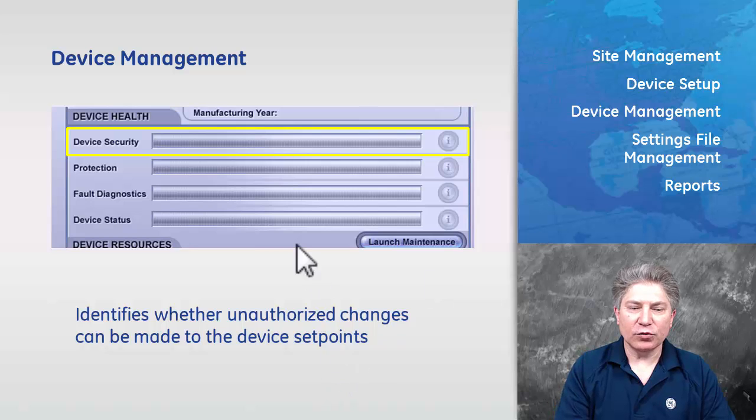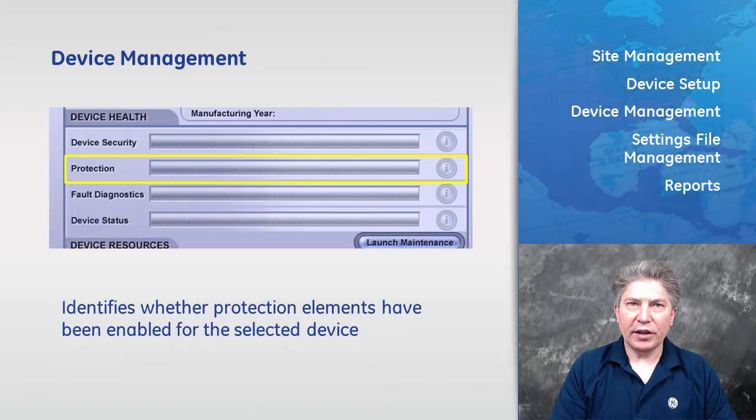If the bar here is red, then neither one of the features is preventing unauthorized access. If it's yellow, one of the two features is preventing unauthorized access. If it's green, then both security features are enabled, preventing unauthorized access. And if it stays gray, it means that the security features are not applicable for the connected device.